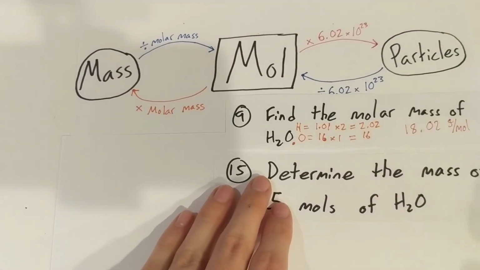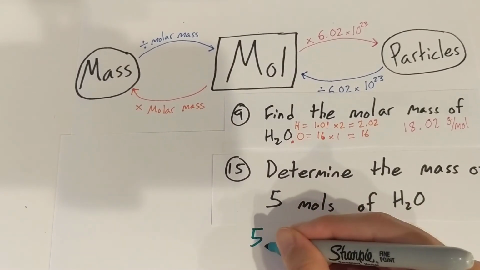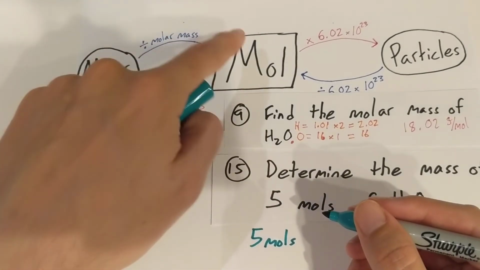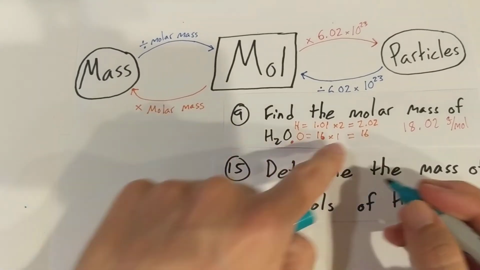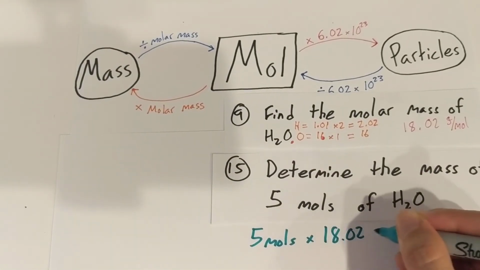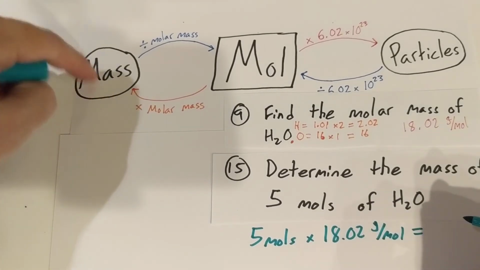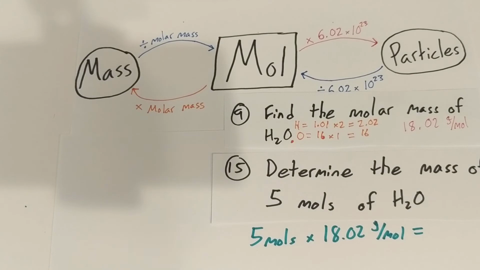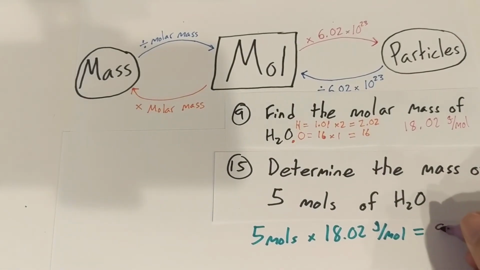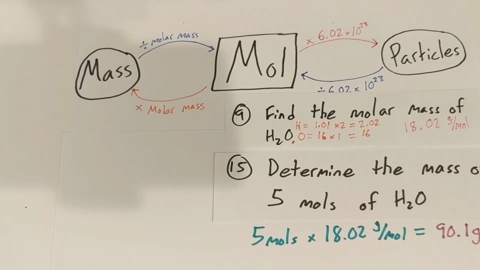So again, we're going to be doing the same thing. We have our moles, 5 moles. We're going to multiply by our molar mass, 18.02 grams per mole. And that'll give us our mass. So our mass in this case would equal 90.1 grams of water.